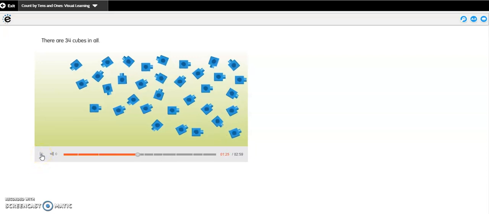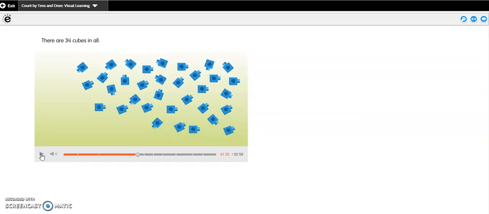There are 34 cubes in all. Was the way that she just counted them a quick way? Seemed like it wasn't that quick to me. 34 cubes in all.